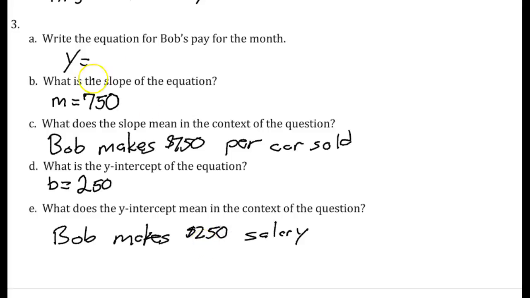Okay? So you can see the format's very similar for both Al and Bob, right? And now we got the equation, so we got the slope, 750, and then plus 250. So let's take these two equations and go ahead and graph them. Okay. Go ahead and graph them on the back.